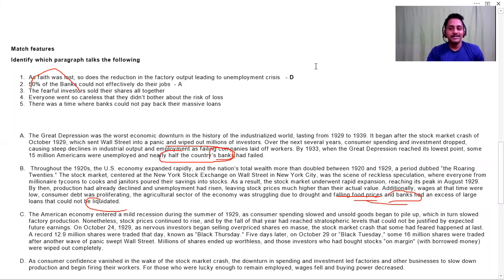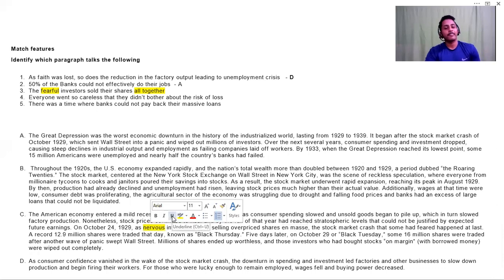Any doubts? Simple one, simple one. Don't fall for the traps. The fearful investors sold their shares altogether. I think this is about the crash day. Correct? Here it entered a mild recession. Finally, the Black Thursday. This is what it means altogether. Nervous investors.